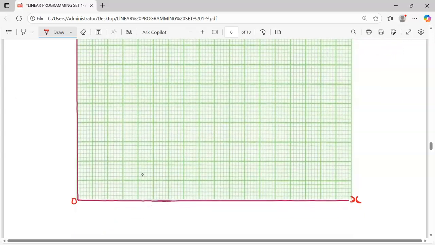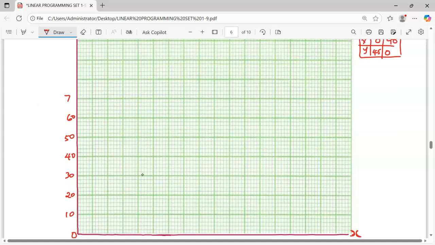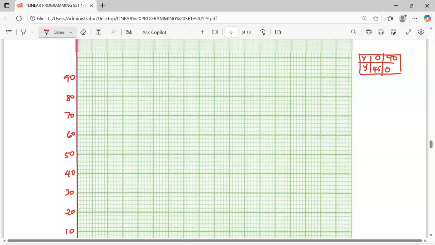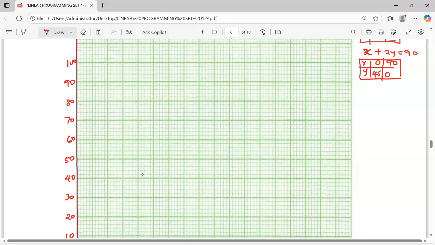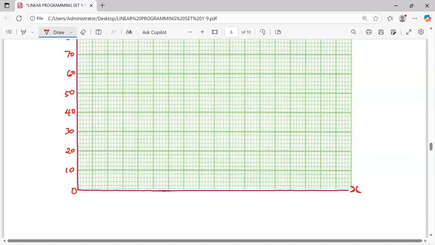We start from 0 here, then we are going to have 10, 20, 30, 40, 50, 60, 70, 80, 90, and lastly we have 100. On the x-axis again we use the same scale.